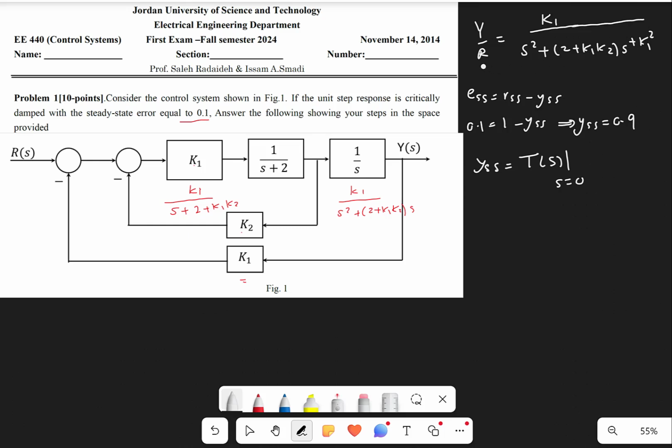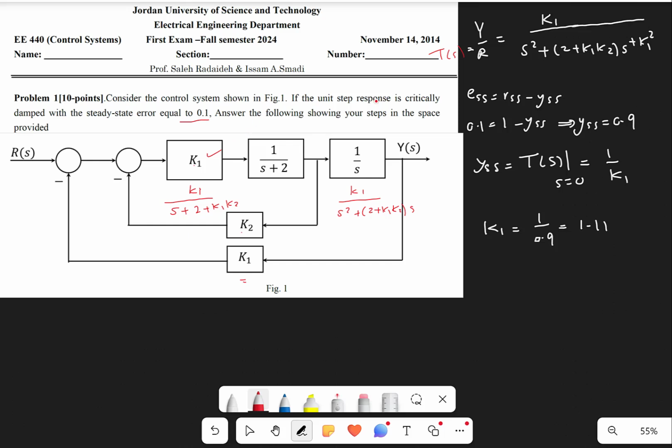So this is the closed loop transfer function T of S. When S equals 0, it will give us K1 over K1 squared, so 1 over K1. So simply K1 will equal 1 over 0.9, or you can write it as 1.11. So now we have K1.